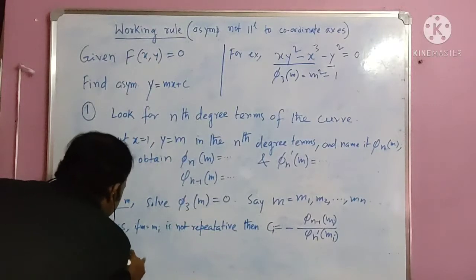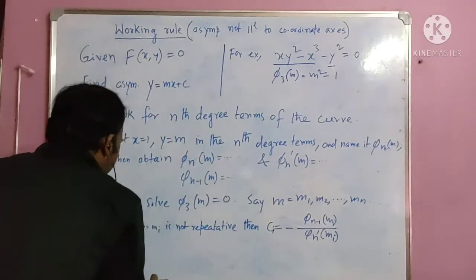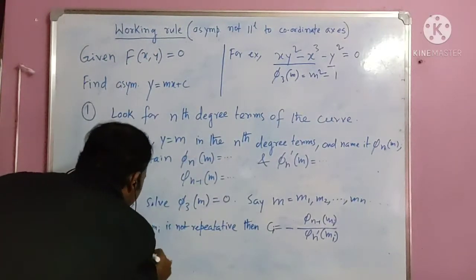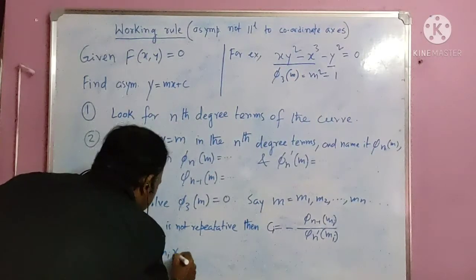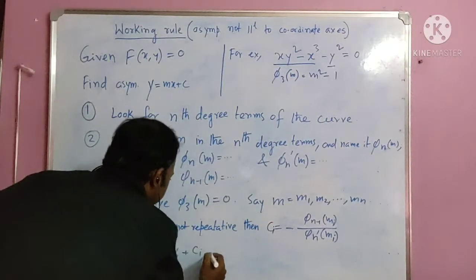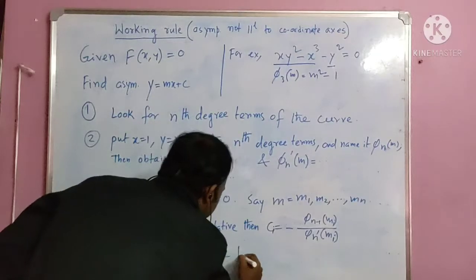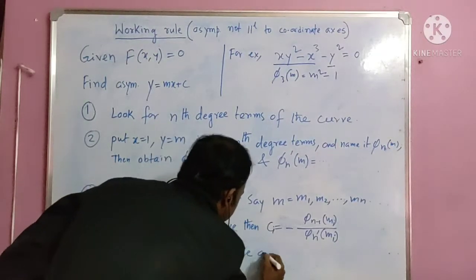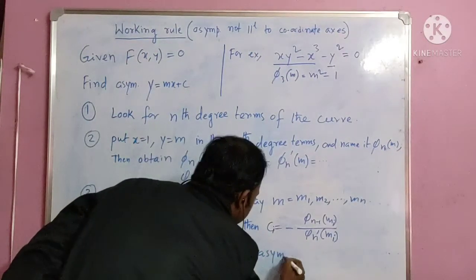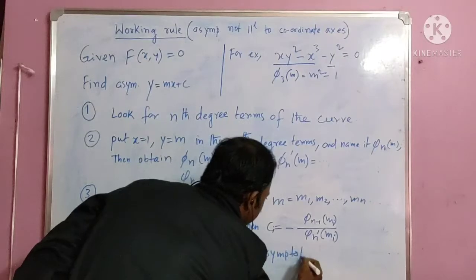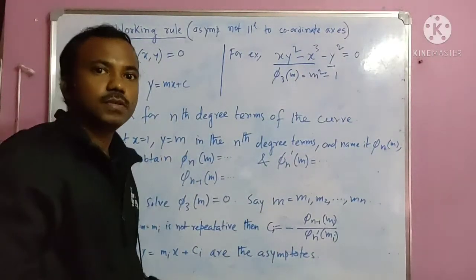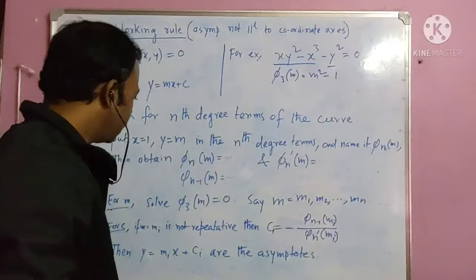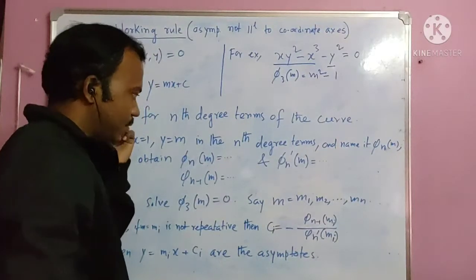Then y equals mi x plus ci are the asymptotes. That's what we were looking for. We have covered the asymptotes.